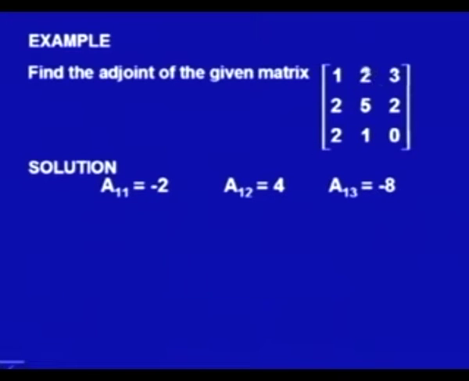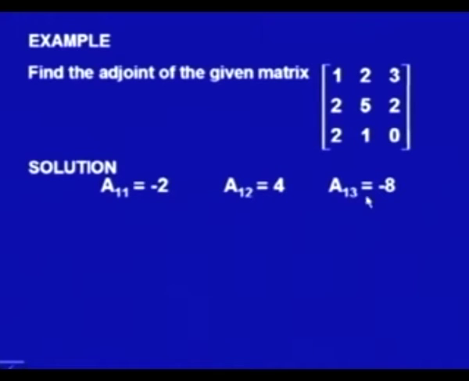A12 is the cofactor of this element, which is obtained by neglecting this row and this column, and what we have is 2 into 0 minus 2 into 4, that is minus 4 as the determinant, and I use the checkered pattern for getting the sign of the cofactor. The sign of the cofactor here is minus, so this minus multiplied by this minus makes it 4. So, A12 comes out to be 4.